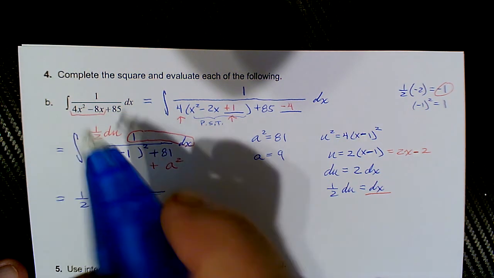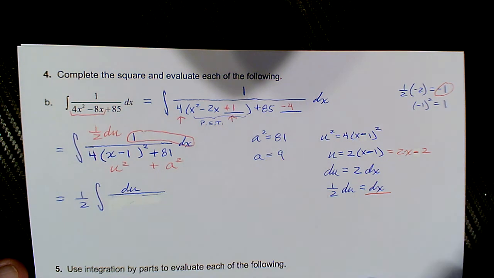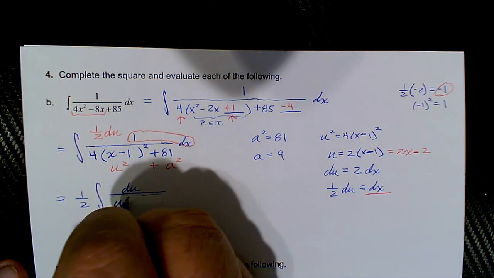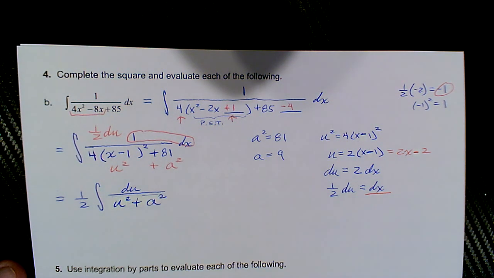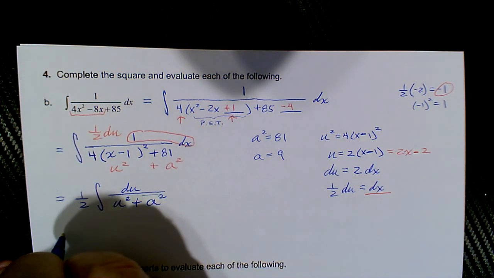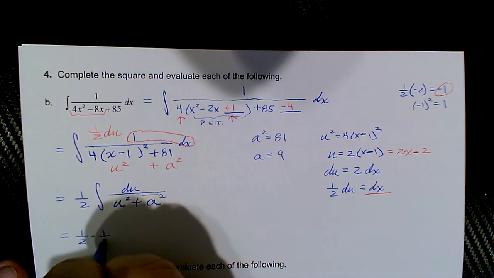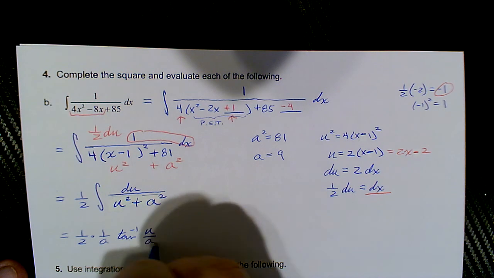So it's just du over u squared plus a squared. And remember, that's the same as a squared plus u squared, which integrates to be 1 over a, inverse tangent of u over a, plus our constant.